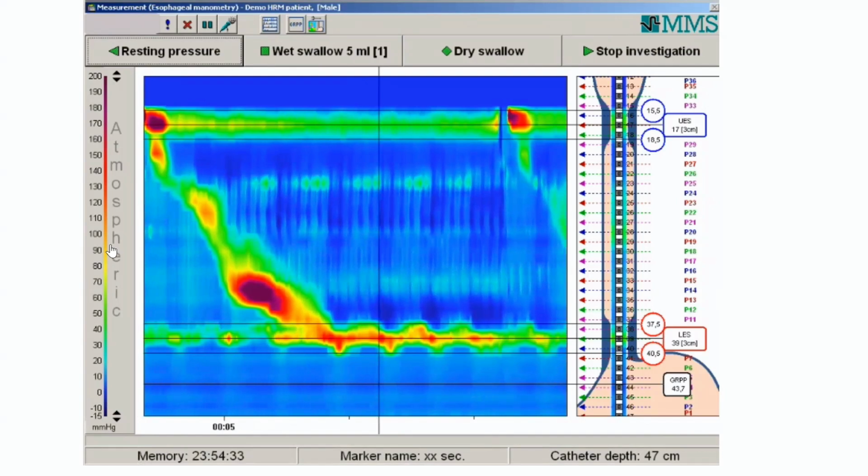Basically, the warm colors, red, orange, are the high pressure, as when you're actually swallowing, and the cooler colors, blue, green, are the lower pressure. So first, orientation is key here, right? You need to have good orientation of where your sphincters are.